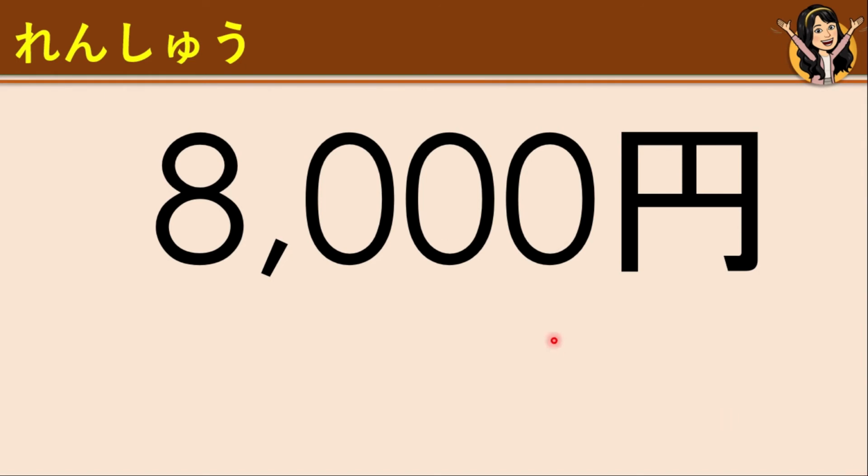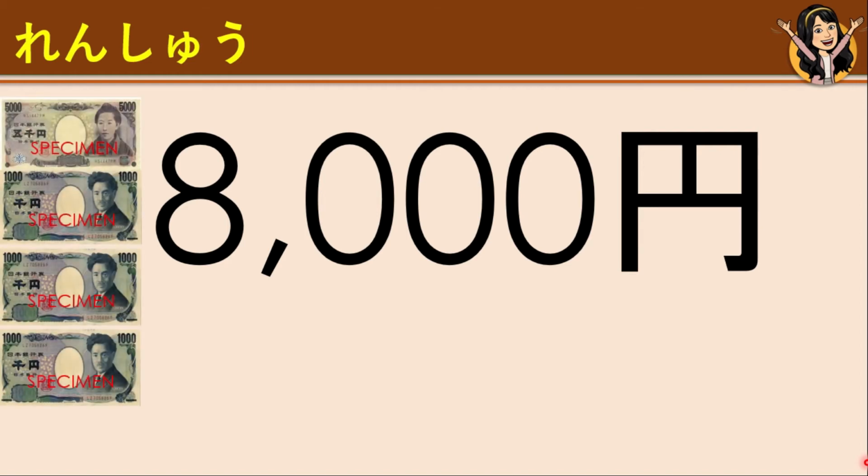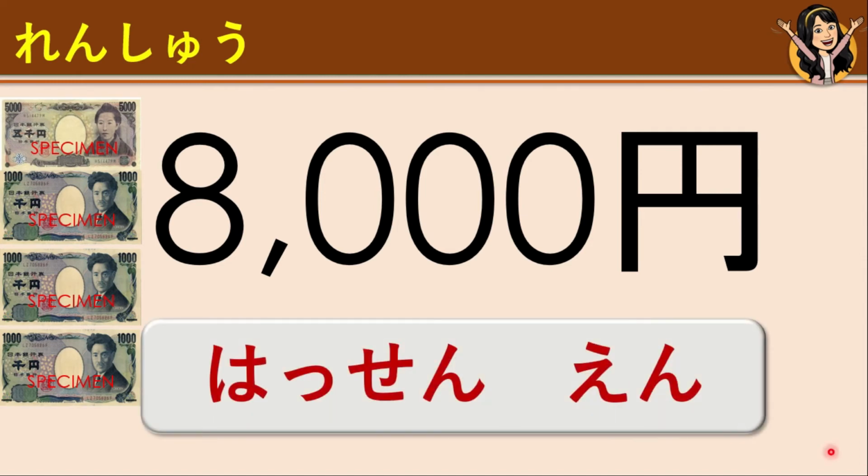This one is 8,000 yen. Let's see. That is similar to having 1 piece of 5,000 yen with 3 pieces of 1,000 yen. So that's equivalent to 8,000 yen. How do we read this one? This is 8,000 yen. That's good.